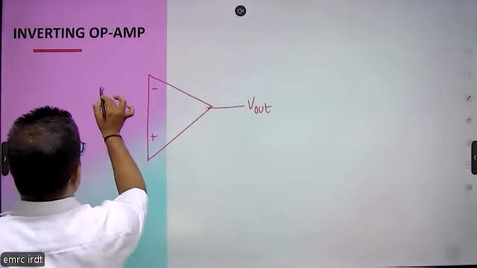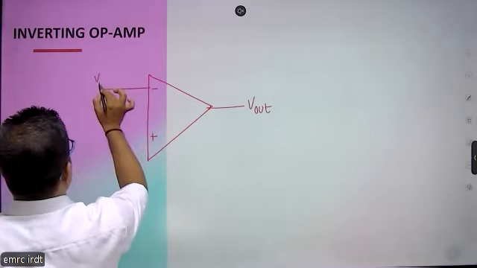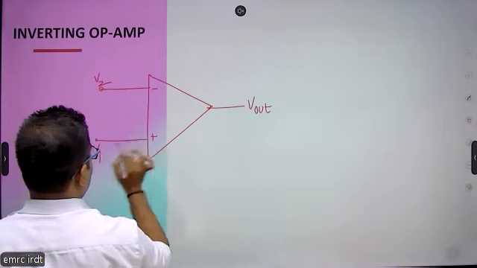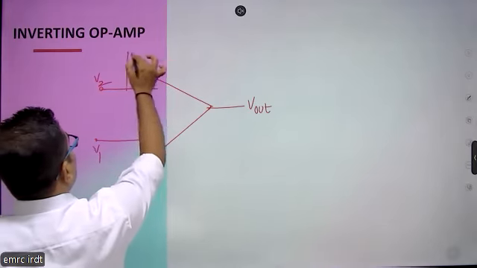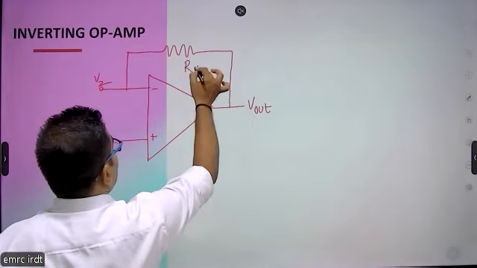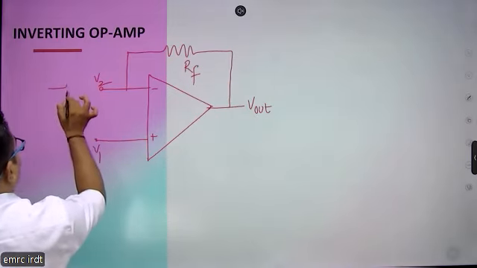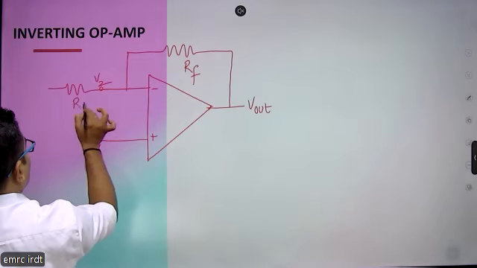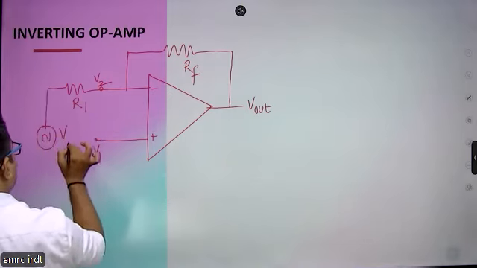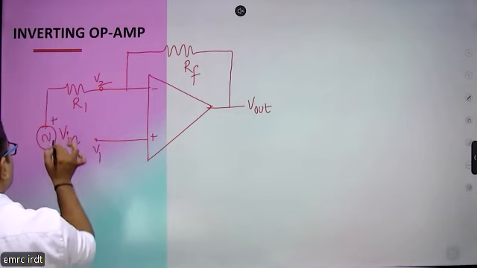Then we have the inverting terminal as V2, and this is the non-inverting terminal. This is the feedback resistance RF. We have connected a resistance R1, and the voltage V input is also connected at this terminal.